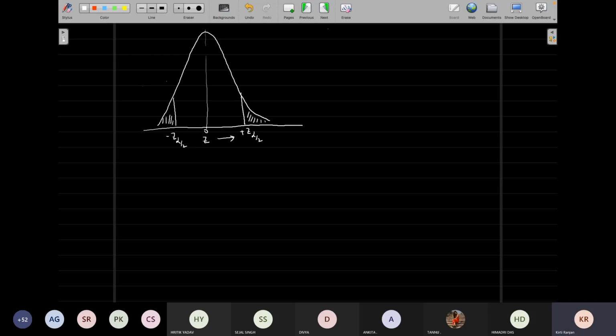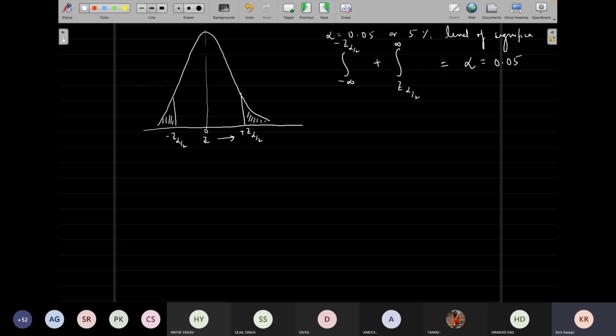Now, when I am writing alpha is equal to 0.05 or 5% level of significance, it means that the total area under the curve, under the shaded portion, that means minus infinity to minus Z alpha by 2 plus Z alpha by 2 to positive infinity, comes out to be the same as alpha or 0.05.